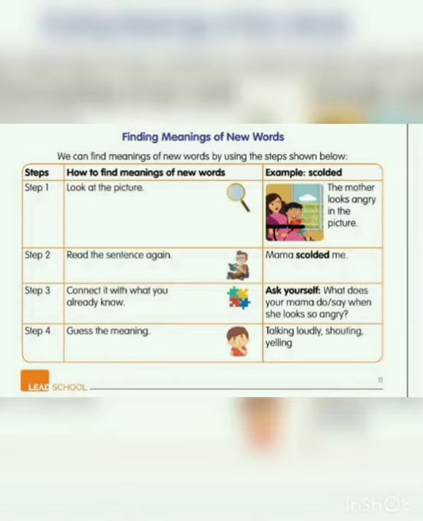In the third step, you will ask yourself, what does your mama do or say when she looks so angry? So after the third step, we can easily guess the meaning. She must be talking loudly, shouting or yelling. So we got the meaning of the new word scolded, that is talking loudly, shouting or yelling.